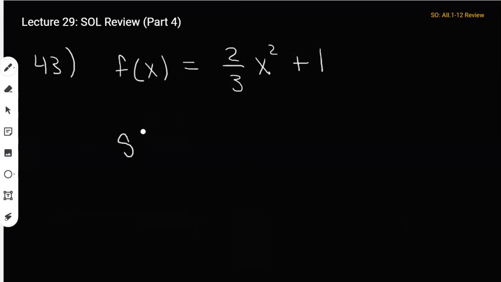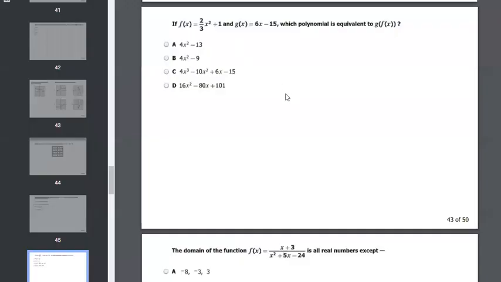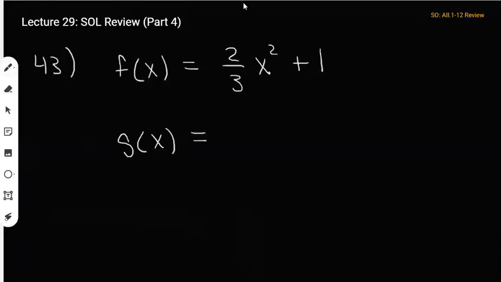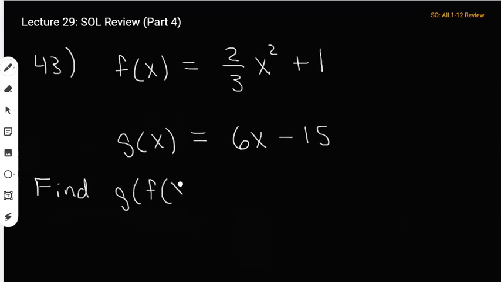And it tells me g of x is 6x minus 15. And it's telling me to find g of f of x.